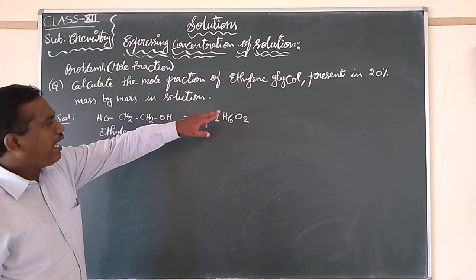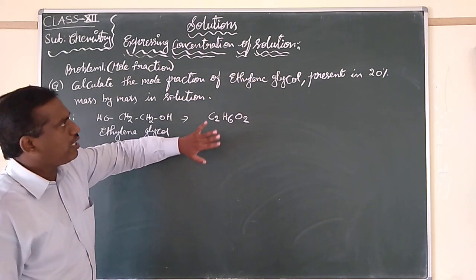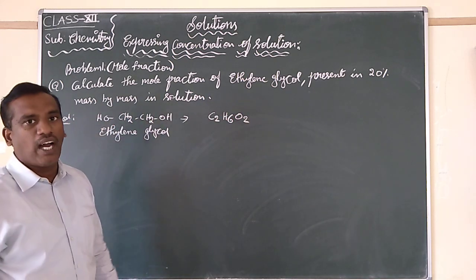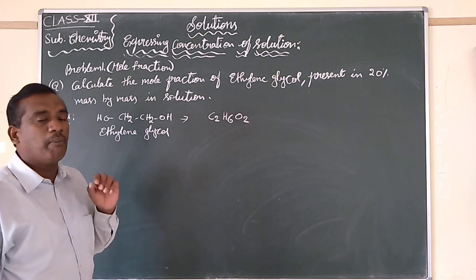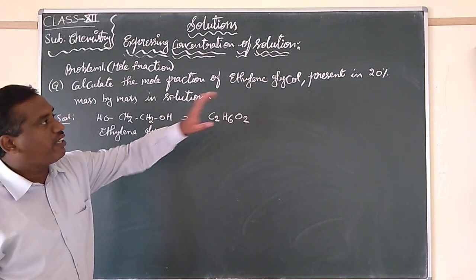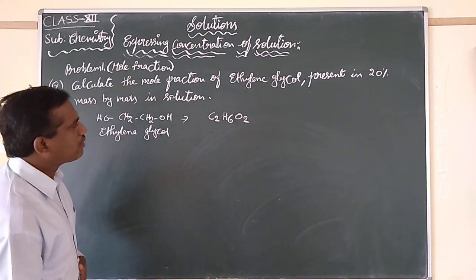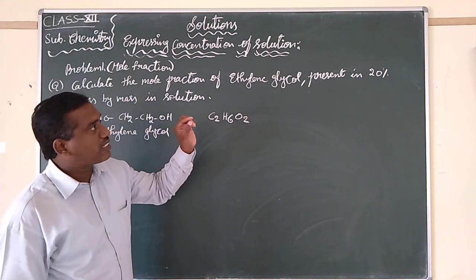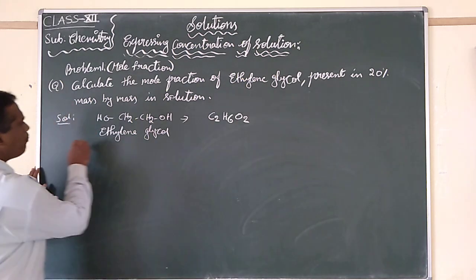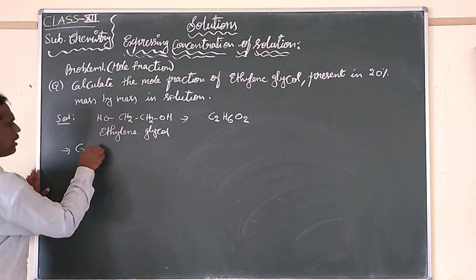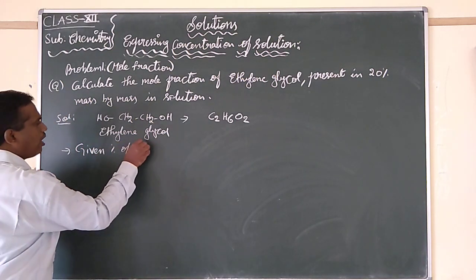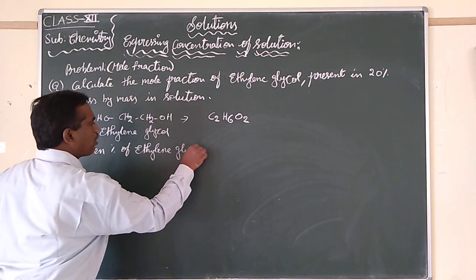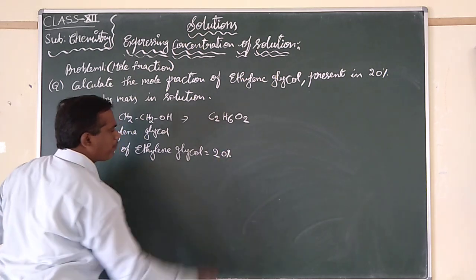Here the ethylene glycol is present in 20 percent mass by mass. We have already mentioned mass by mass when any percentage is given. First of all, our target is to see the given percentage of ethylene glycol, which is equal to 20%.